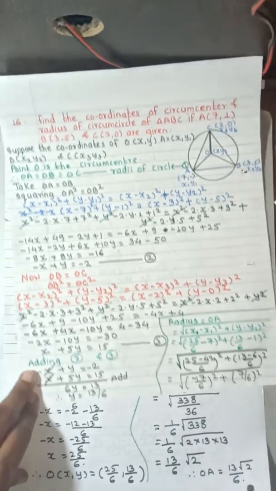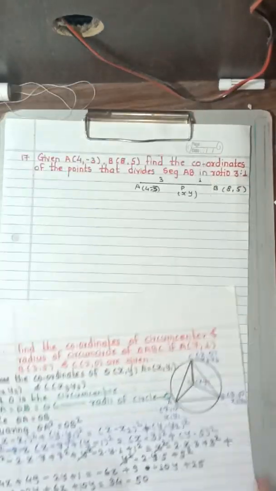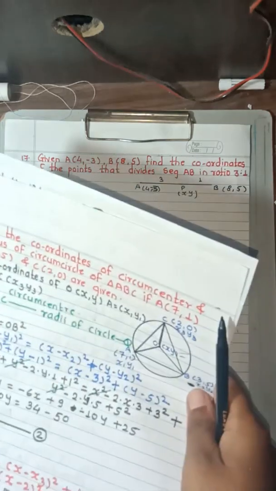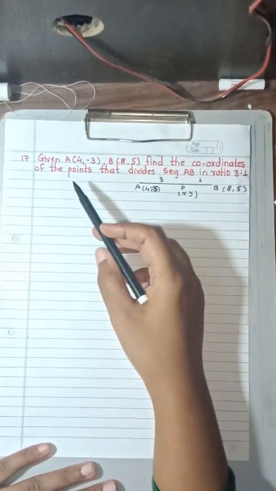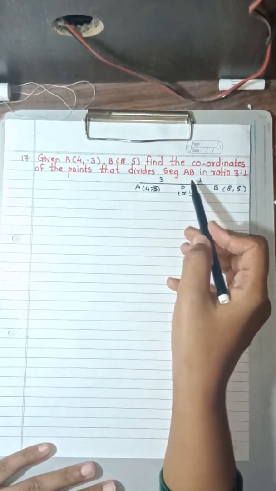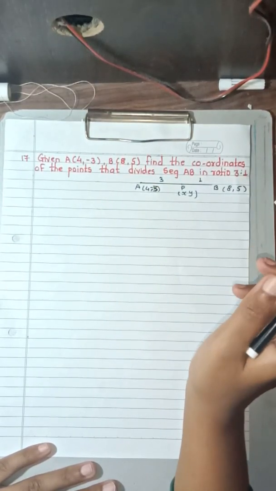Now let us move on towards question number 17. Now question number 17 is very easy one. So in question number 17 they have given you A(4, minus 3), B(8, 5). Find the coordinates of points that divide segment AB in the ratio 3:1.